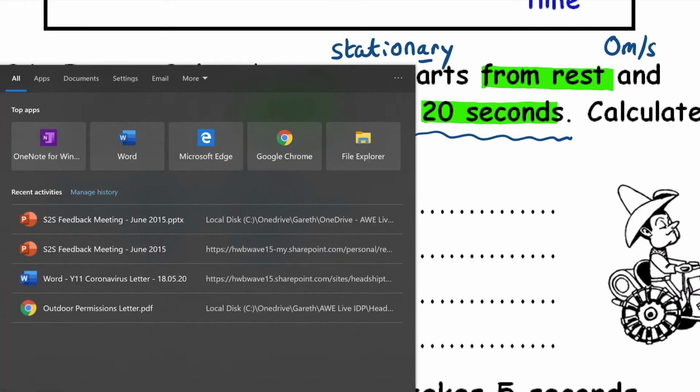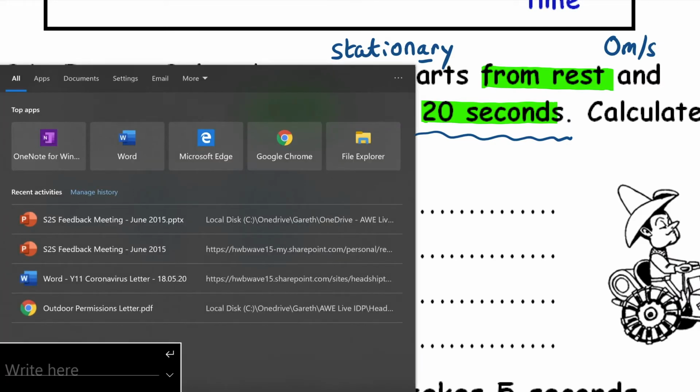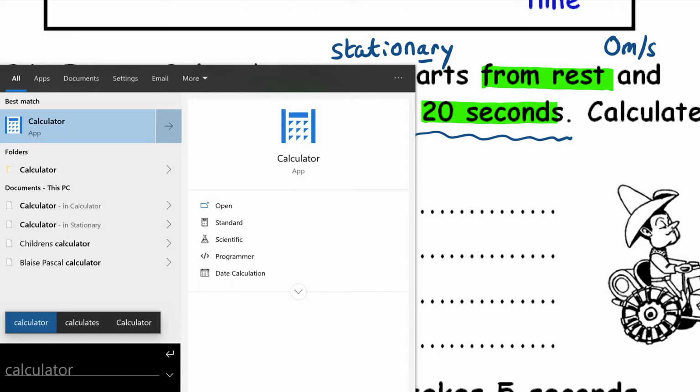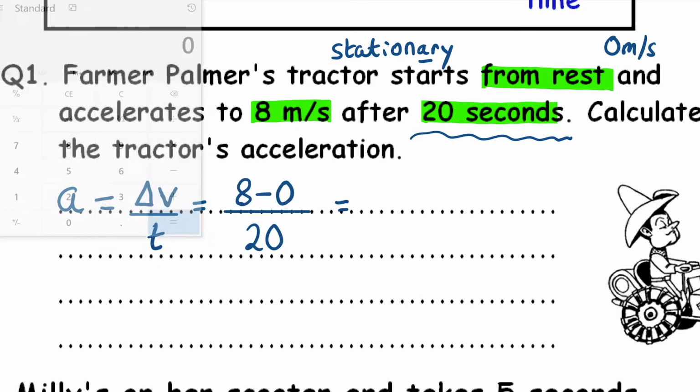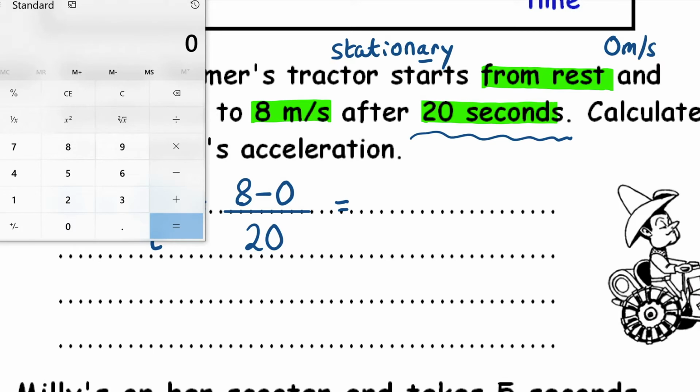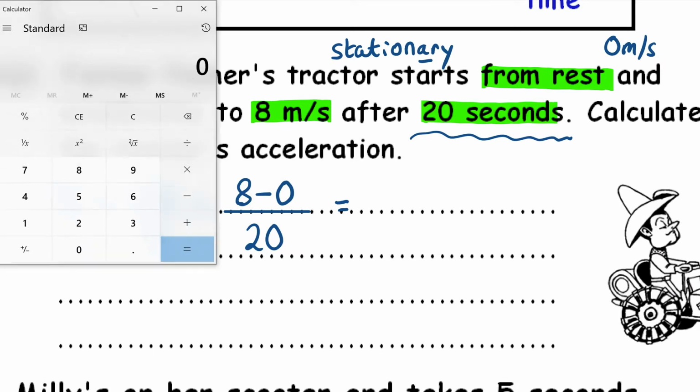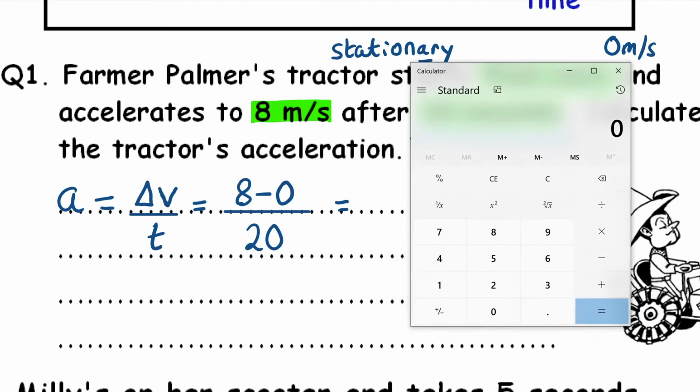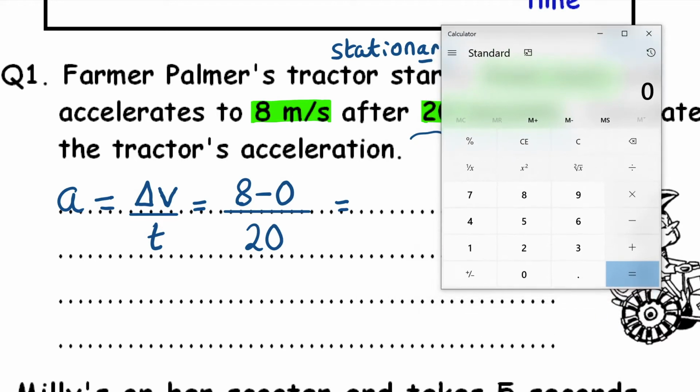So I just need my calculator now to work that out. 8 over 20, the same as 4 over 10. So that's 0.4. But let's get in the good habit so we don't make a mistake. Could have opened this earlier really, couldn't I? Let's get my calculator on the screen so we can see what's happening.